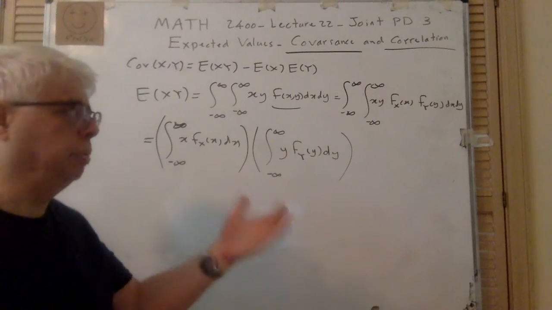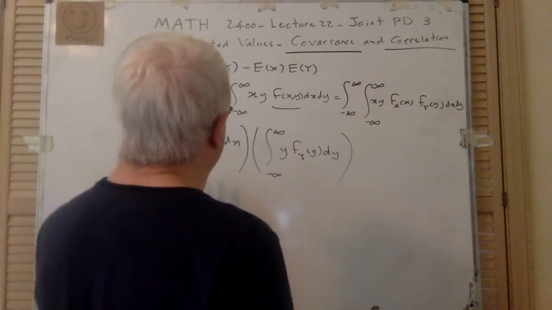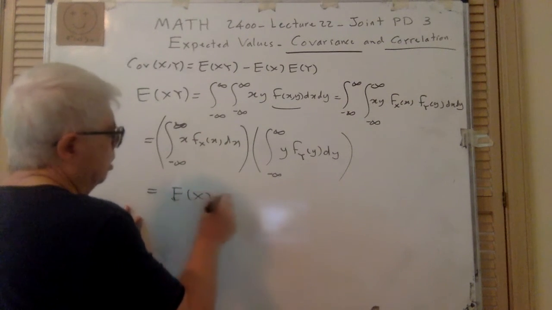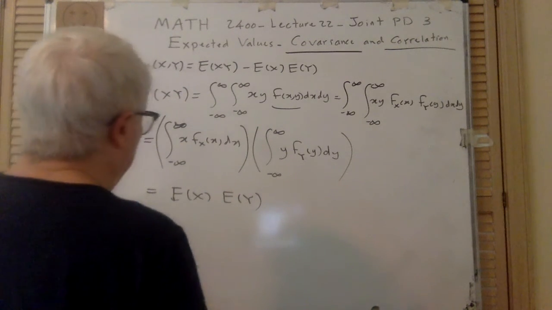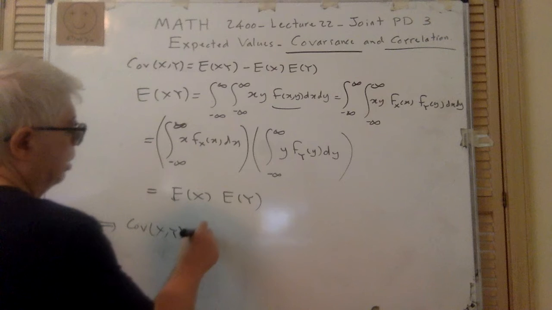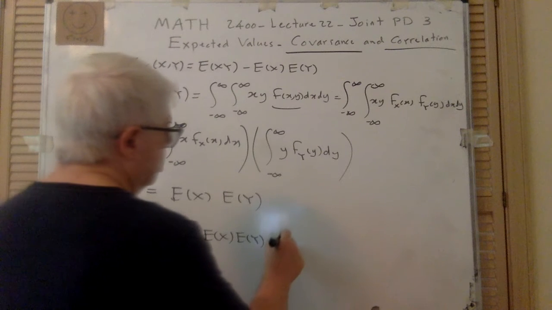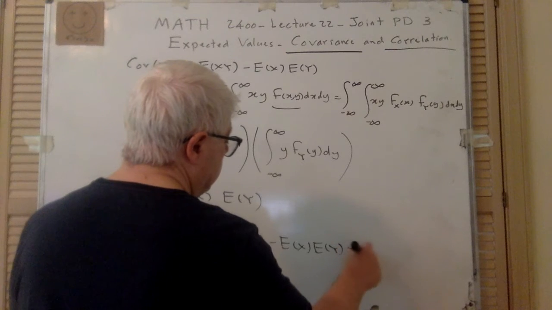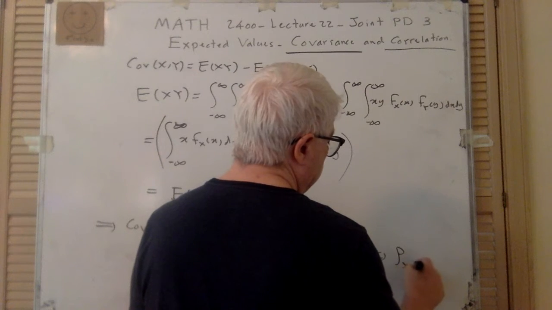We look at x separately, or we look at y separately. So what is this? This first one is E[X], in fact, and the other one is E[Y]. Okay. So what happens to covariance? Covariance of X, Y will be E[X]E[Y] minus E[X]E[Y], which is 0. This also gives me a correlation, rho_XY, of 0.